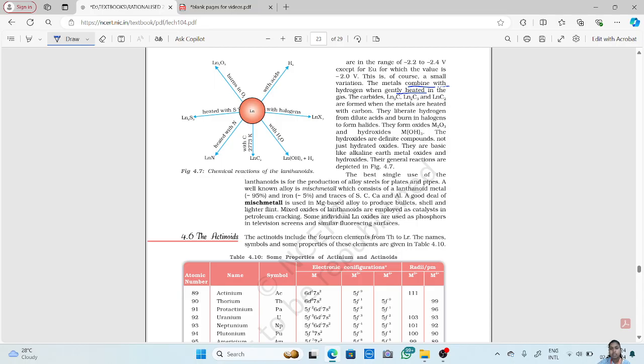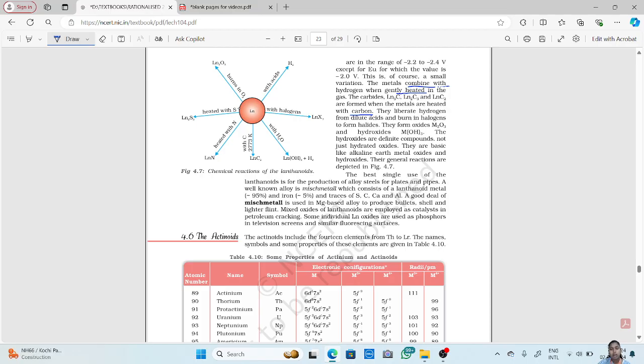Carbides, that means Ln3C, Ln2C3, LnC2, are formed when the metals are heated with carbon. So, metal hydrides are formed when heated with hydrogen, and metal carbides are formed when they are heated with carbon. They liberate hydrogen from dilute acids and burn in halogens to form halides.